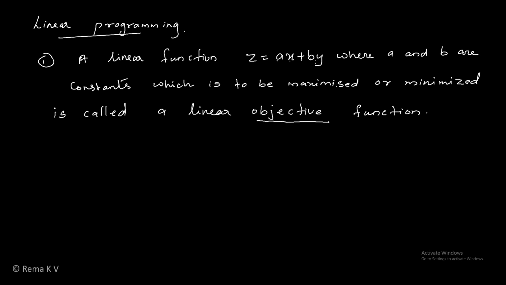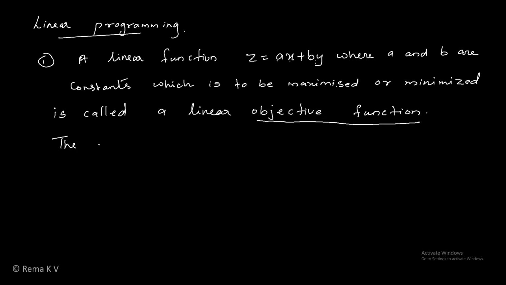This is the first term you have to learn here. Objective function. What is to be minimized or maximized? Represent it as a function and it is called an objective function.